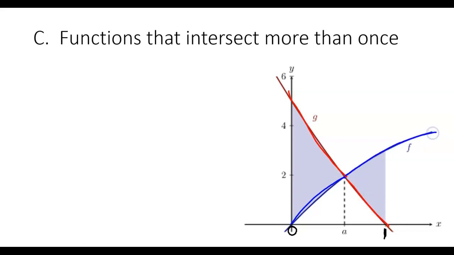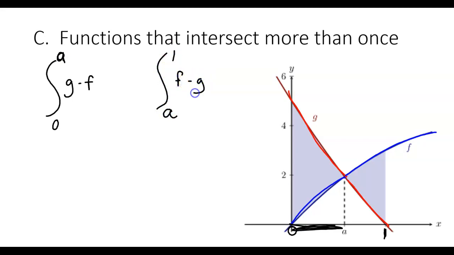So when that happens, you actually need to create two separate integrals. Okay? So the area between those two functions from 0 to a is going to be g minus f because g is on top on this interval. Oh, this is supposed to be a, my bad. But then after that, from a to 1, the f is on top. So you'd have to find those two integrals separately and add them together.